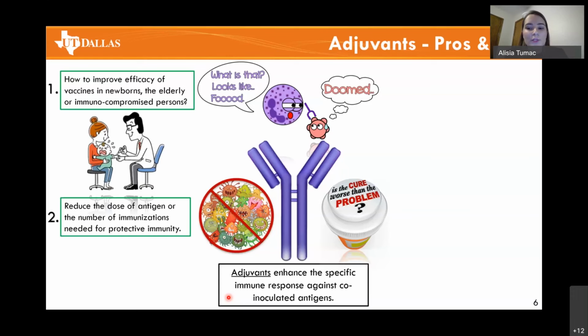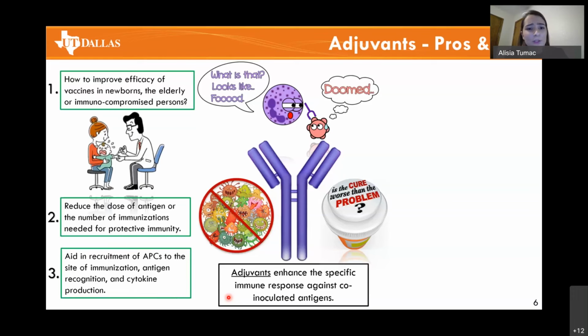So adjuvants essentially enhance the immune response such that you are able to reduce the dose of antigen per vaccine, and you're able to form enough memory cells in your primary immune response such that the number of booster immunizations goes down as well.